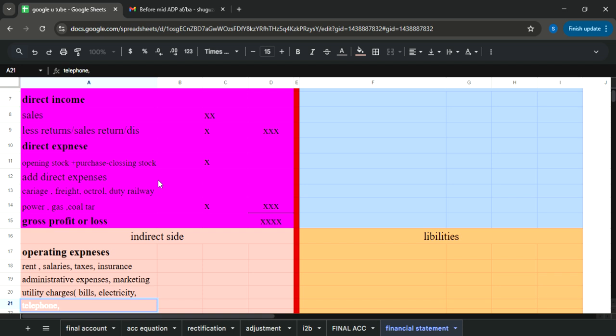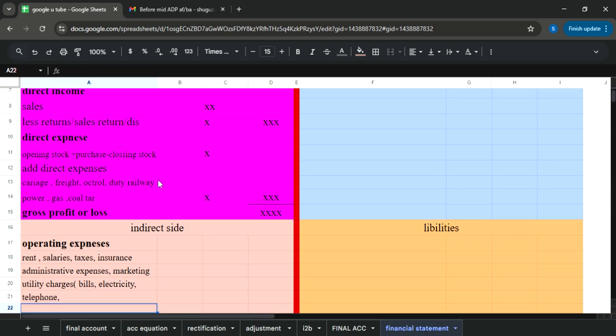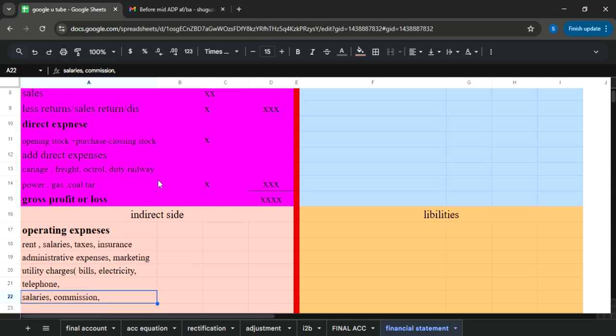Beside this, if you are paying expenses related to your staff, which would be your salaries or commission you have paid, and then there might be some office expenses.